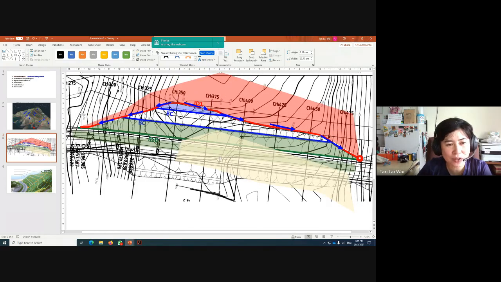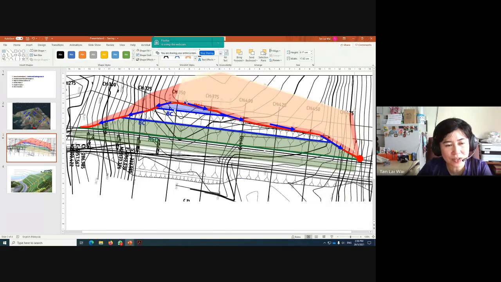But if you consider the direction of the drain, for example the drain on the right hand side, only this catchment area counts, because the remaining area will be draining into the left hand side. But of course, you need to compare, see which Q is larger, then use the larger Q to size and construct the whole stretch of interceptor drain. Is it clear?